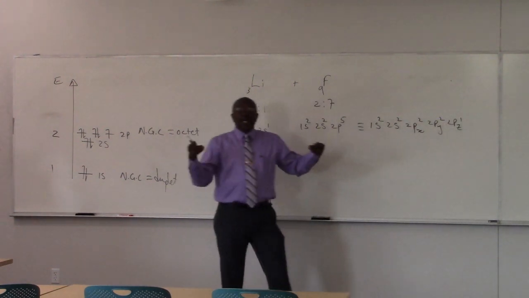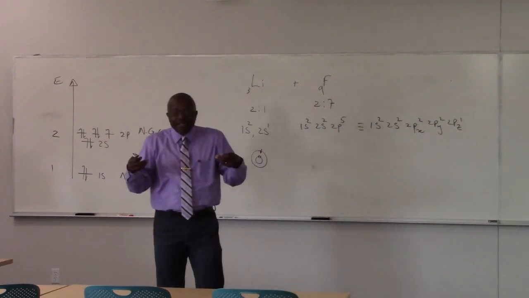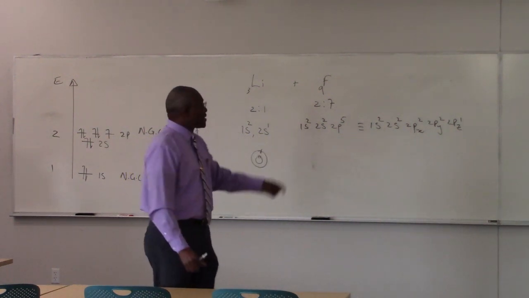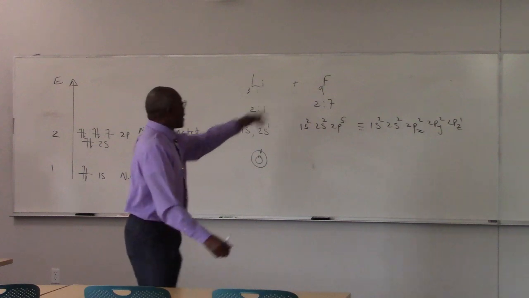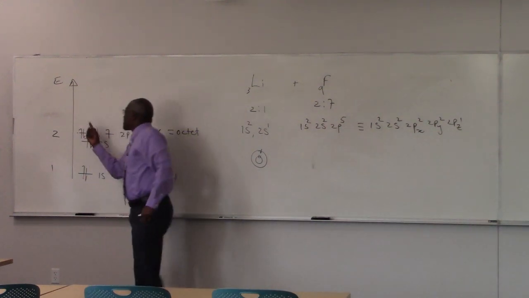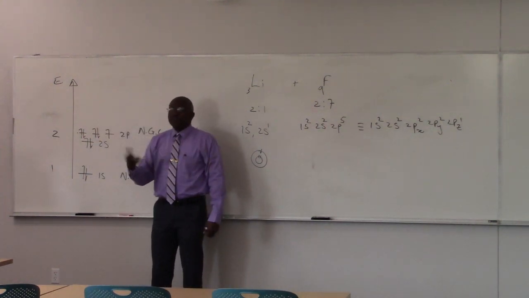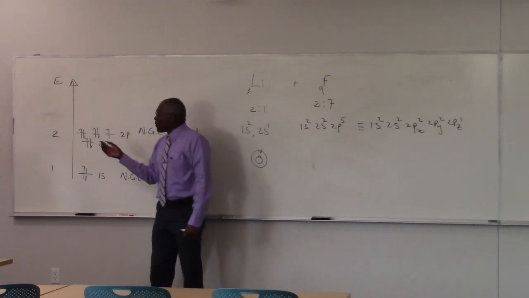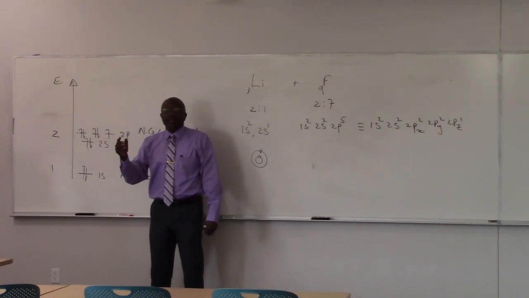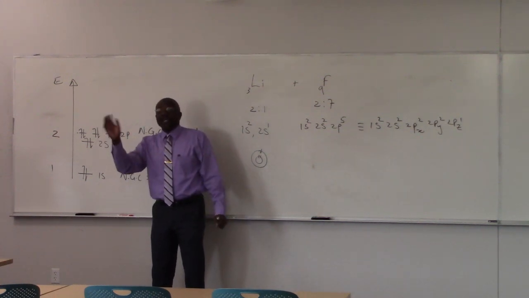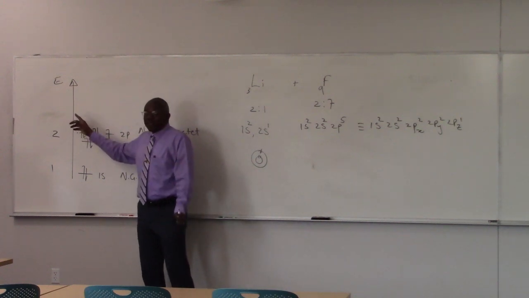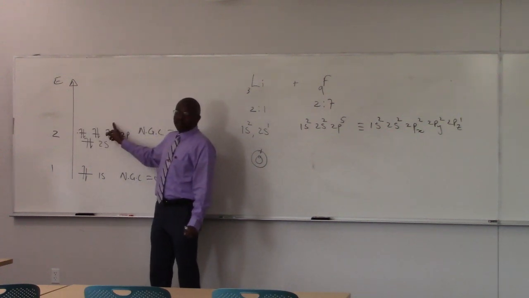So I can break down the distribution within the individual p orbitals as 2 in the x, 2 in the y, 1 in the z. And the only reason we have them organized that way is that we read, at least in the West, left to right. So we call this by convention x, y, z.